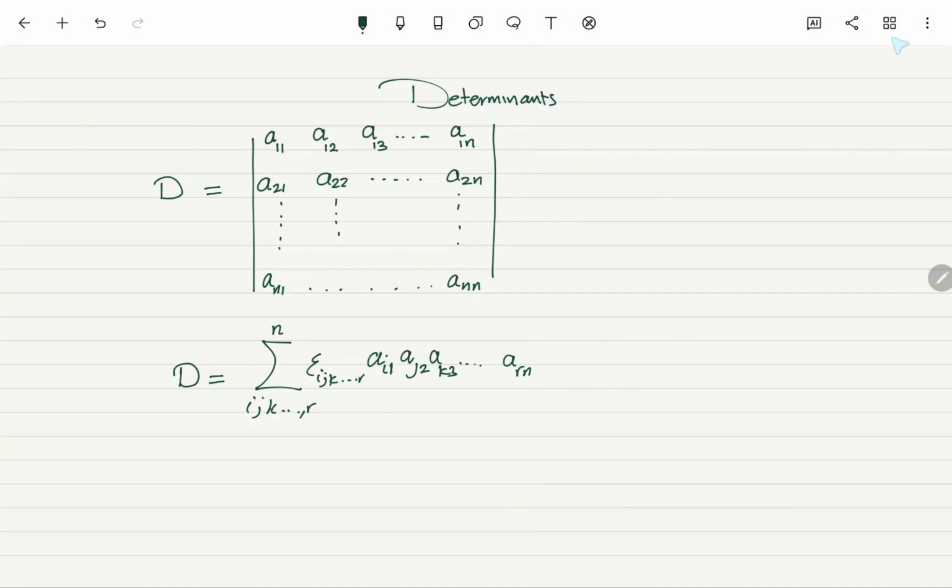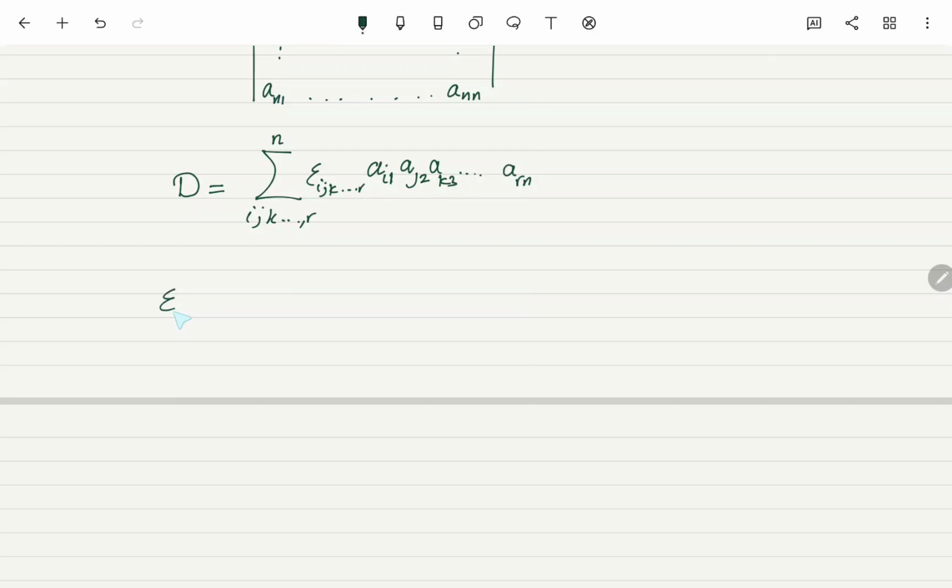In such a way, epsilon i, j, k, r is equal to +1 for an even permutation. We will discuss this in a moment. -1 for an odd permutation.